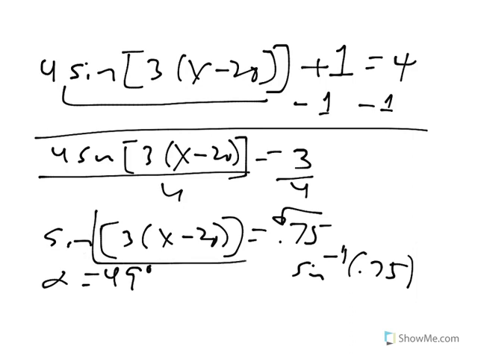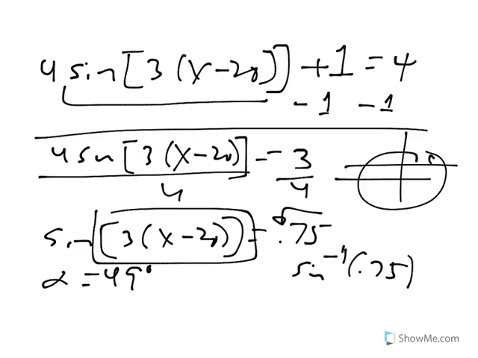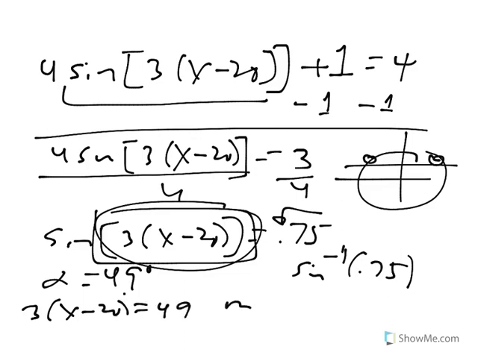Now if this thing here were just a big X, we would say that it equals 49 and 130, or 131, because sine is positive in quadrants 1 and 2. But it's not X that's 49 or 131, it's this entire expression. So now we get the equation 3 parentheses x minus 20 equals 49, or 3 parentheses x minus 20 equals 131.